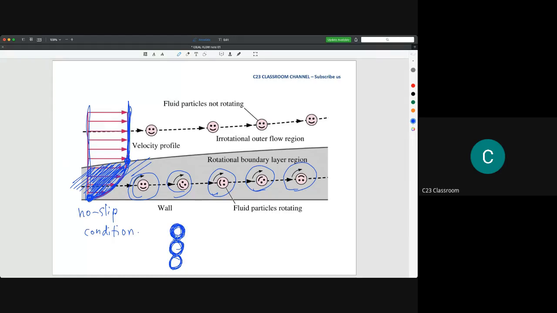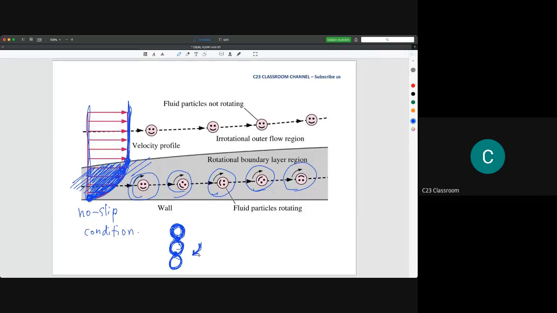That is the reason why the velocity distribution here is different, because the shear stress is not equal. The interaction forces between the top and the bottom are not equal, so this molecule has a tendency to rotate.